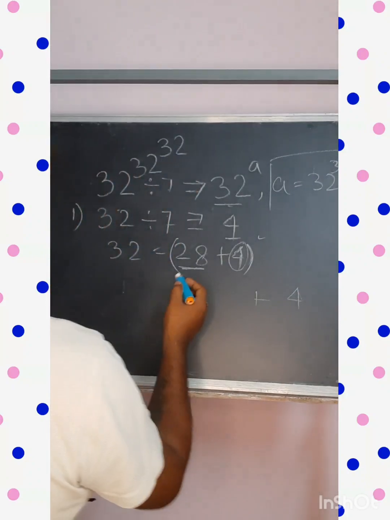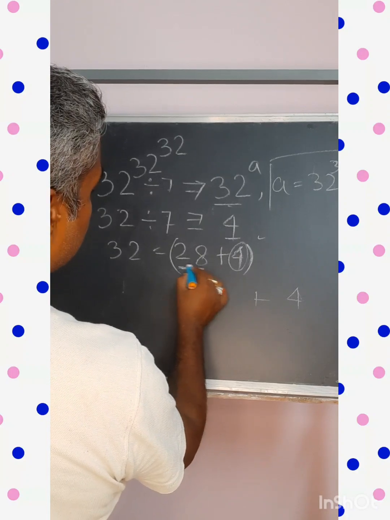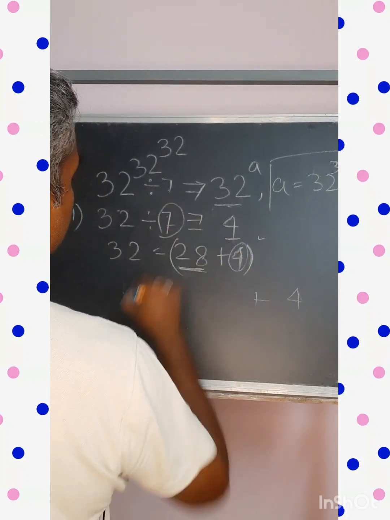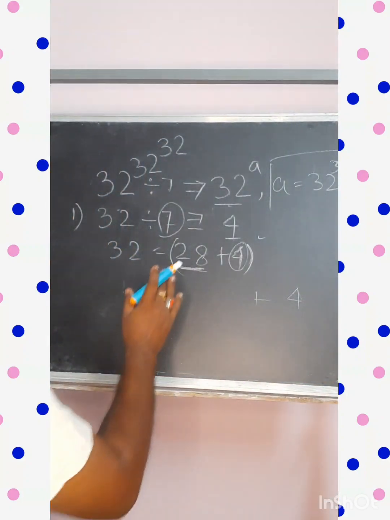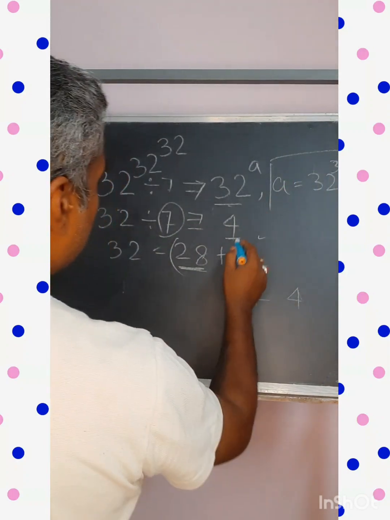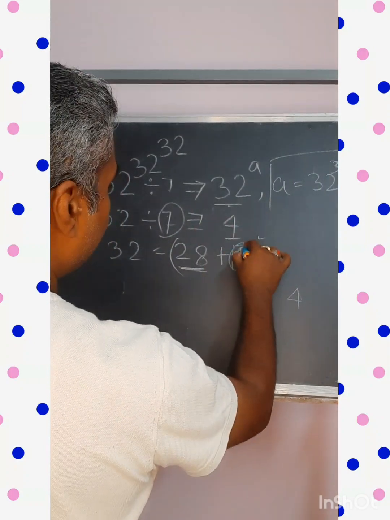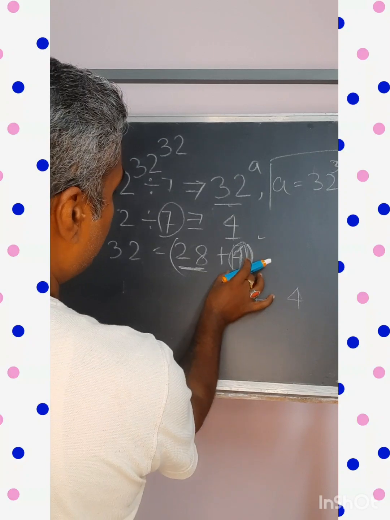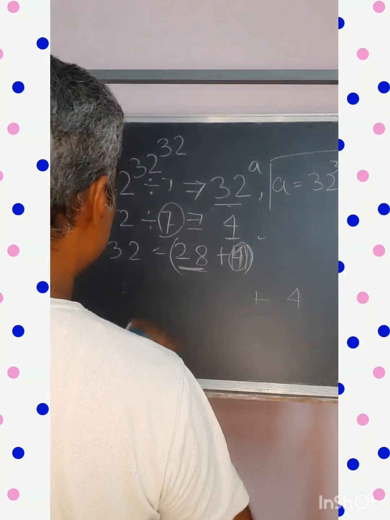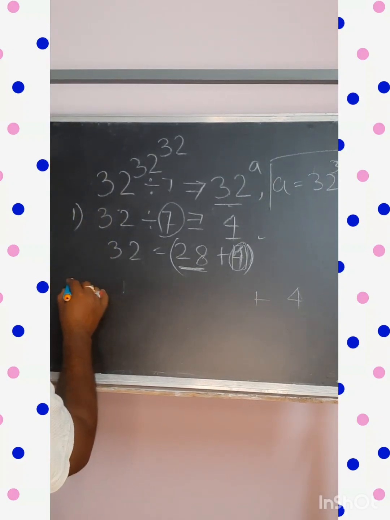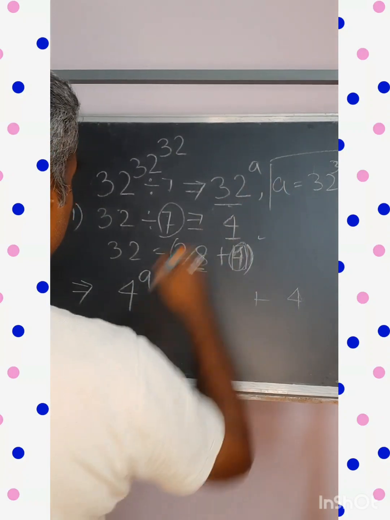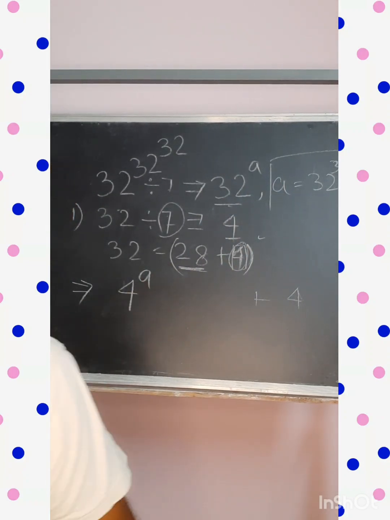Now anything which contains 28 will not give a remainder if I divide by 7, that for sure. So rather than dragging all the terms together, I concentrate on this term only to find the remainder, because this part only will contribute to finding the remainder. So I will consider this, and that reduces the problem to 4 to the power a. Now this first part is over.